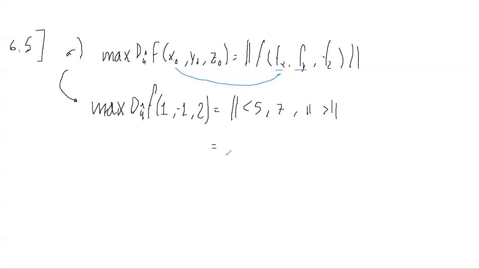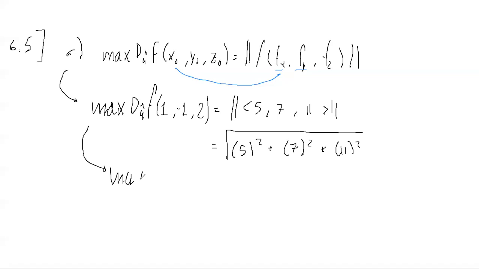Okay, and by doing this, all we got to do to find the maximum value is just take the square root of 5 squared plus 7 squared plus 11 squared, right? Yeah, just making sure. 11 squared. And by doing that, we got the maximum directional derivative from (1, -1, 2).